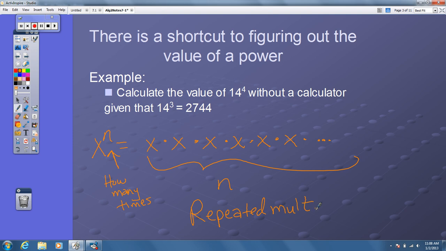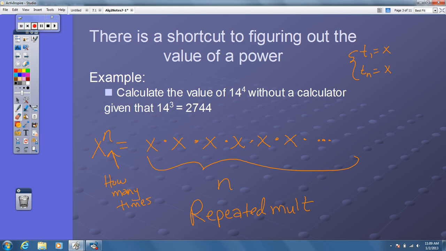Okay, the textbook does a really nice job of writing this as a recursive formula. It says the first term is x. The next term is going to be x times the one before it.